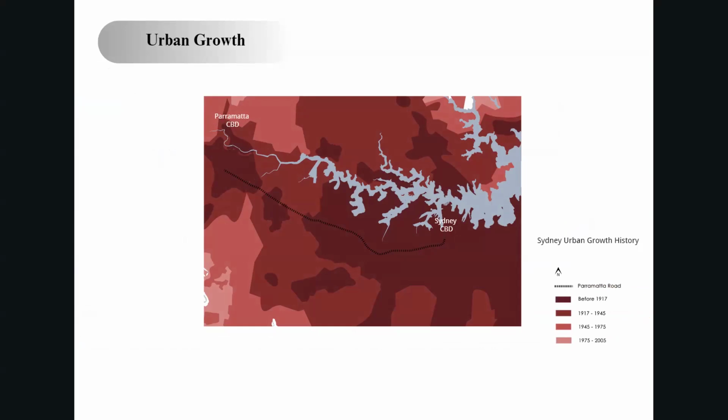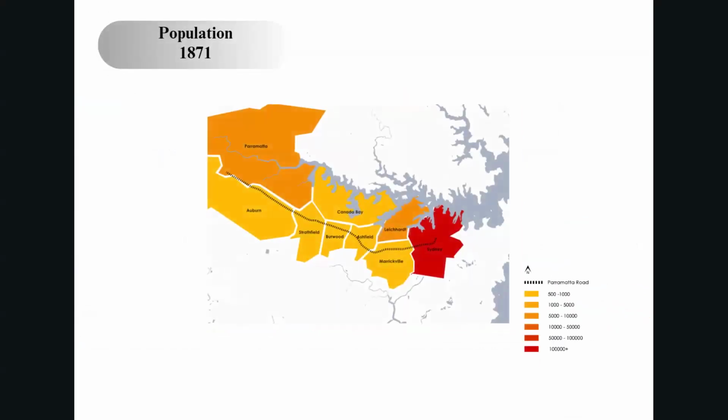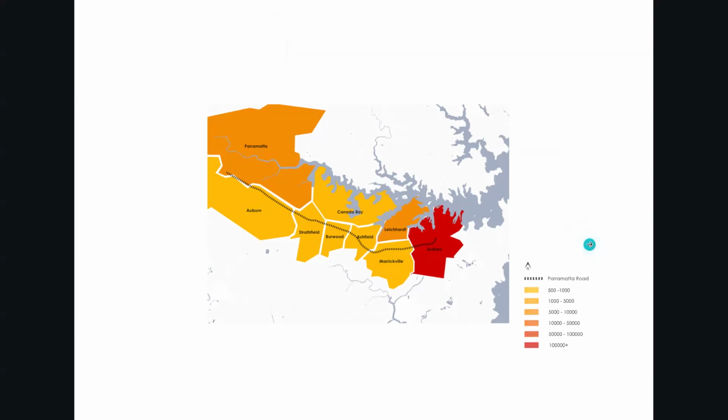Parramatta Road connects the Sydney CBD with the Parramatta CBD, and the Sydney CBD urban growth has followed along Parramatta Road. Most of the suburbs were built or planned before 1917, by which time the city had expanded to Strathfield in the west. But in 1871, areas like Burwood and Ashfield were still very low in population, with fewer than 1,000 people living in them.